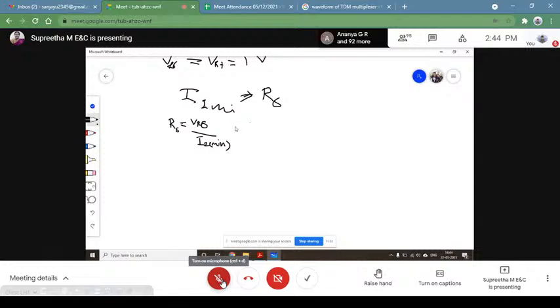That is VR6 is 1 volt and I2 minimum is 75 microamps.